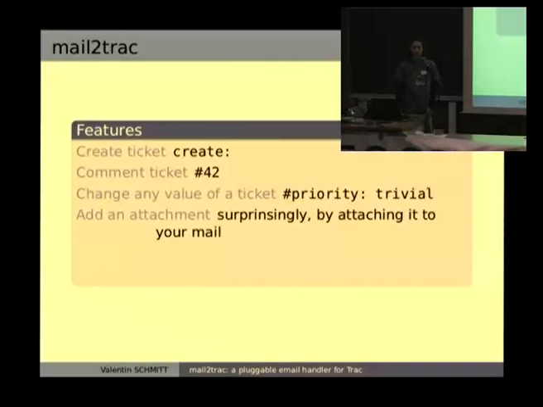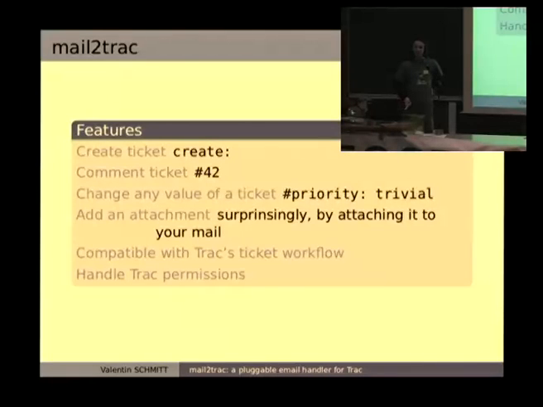You can add an attachment by attaching it to your mail. It's compatible with Trac's workflow, so if you have defined a special workflow for your Trac, it won't mess with it. It will respect the whole thing and won't break anything. And it handles Trac's permissions. The permissions to comment or create a ticket are all based on Trac's workflow.